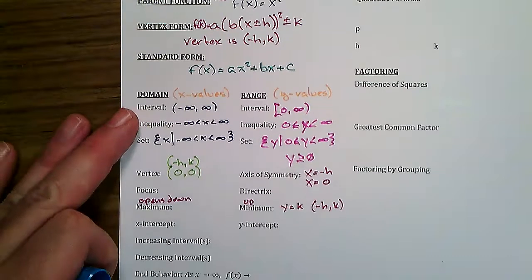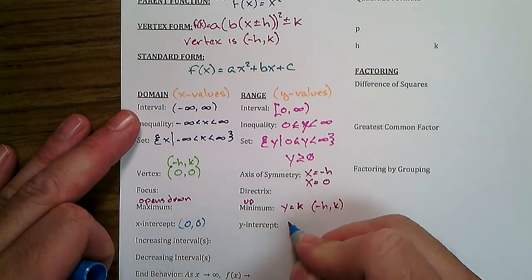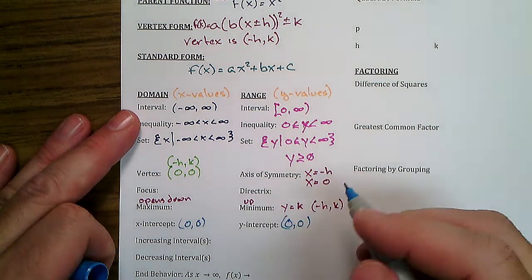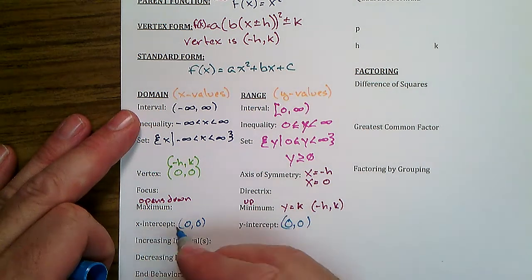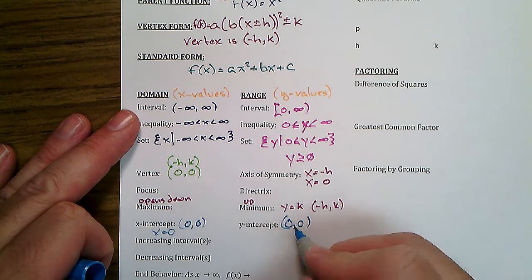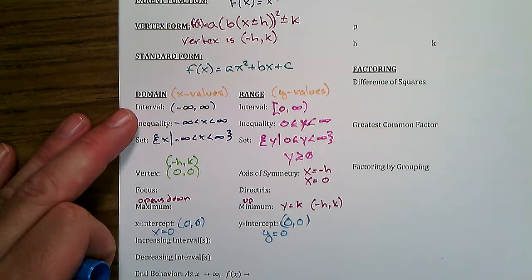So we're going to come down here for this one, and we're just going to say (0, 0), (0, 0). And we could also say the x value, so x equals 0, or the y value, y equals 0, to say when it crosses.